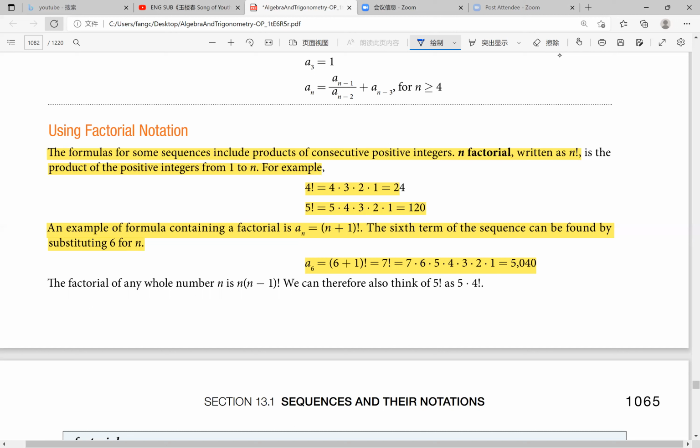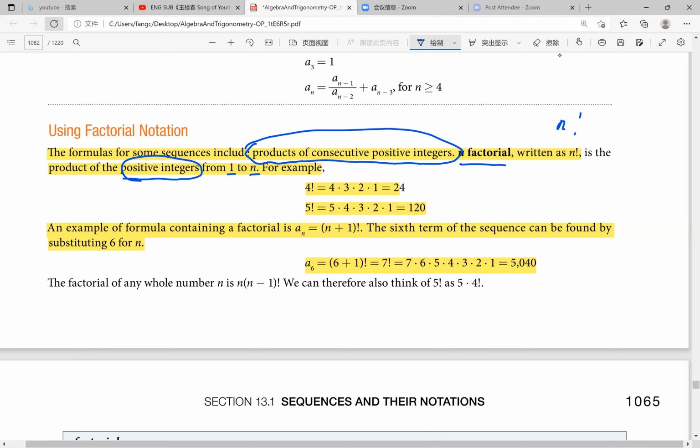The formulas for some sequences include products of consecutive positive integers called factorials, and n factorial, written as n!, is the product of the positive integers from 1 to n.